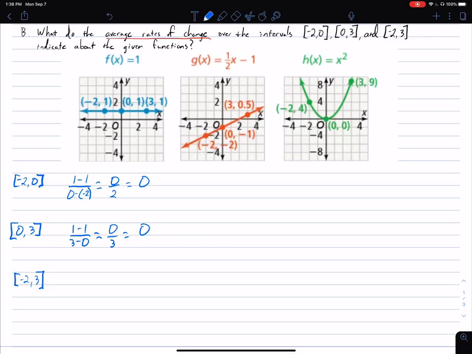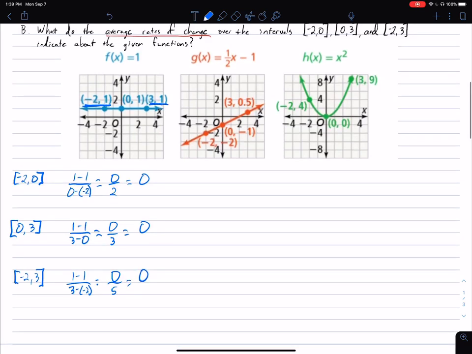And then finally, they want from negative 2 to 3. So we're looking at the negative 2, 1 point and the 3, 1 point. y minus y, 1 minus 1, x minus x, 3 minus negative 2. So we get 0 over 5, which again is 0.